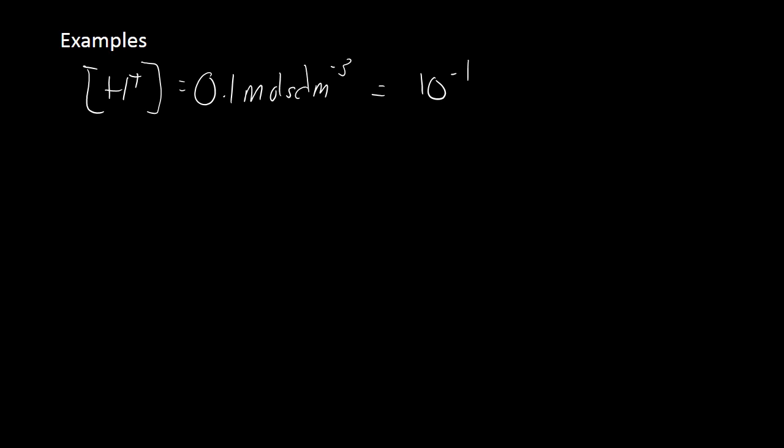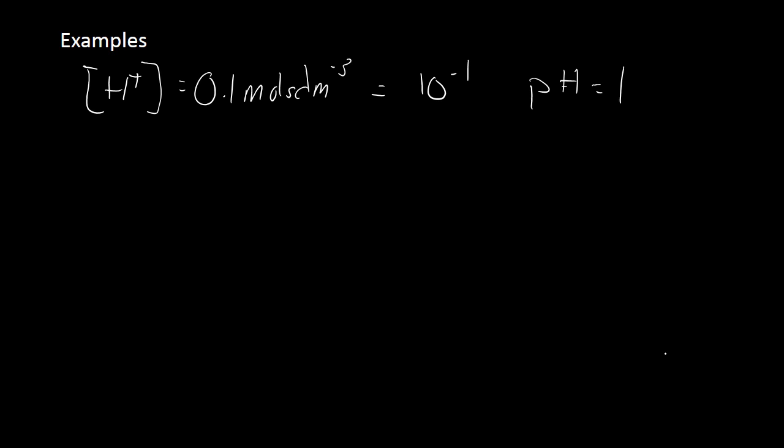A simple way to show this: if your hydrogen ion concentration equals 0.1 moles per decimeter cubed, we can turn that into 10 to the negative 1. Plug that into the negative log of that hydrogen ion concentration, and you get a pH equals 1. So yes, you're going to need a calculator.